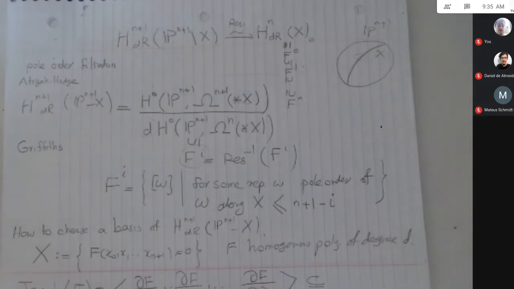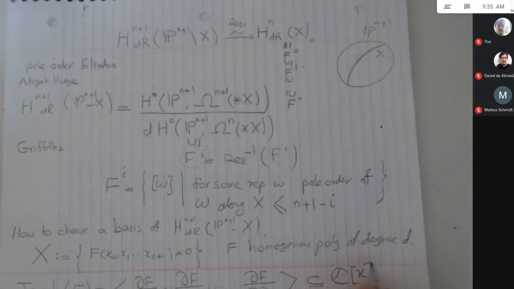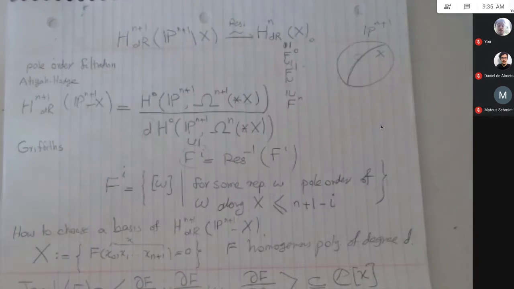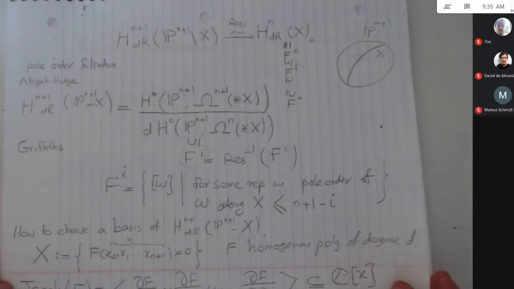This is inside the ring of polynomials. So I will take this Jacobian ideal.